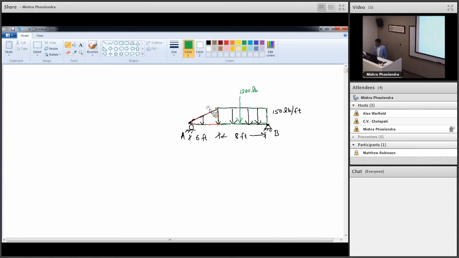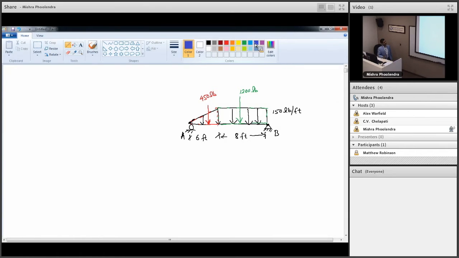And for the triangle, what would happen? You will have a force that is the area of the load diagram. In this case, 6 times 150 times 1/2, and how much do we get? 450, right? So essentially this distributed load is being replaced by point loads.